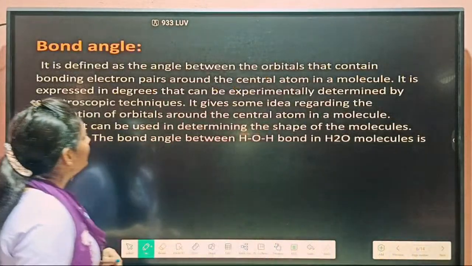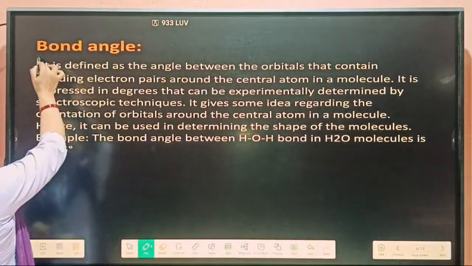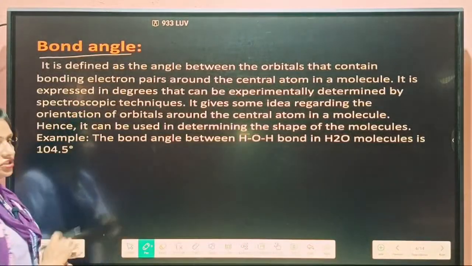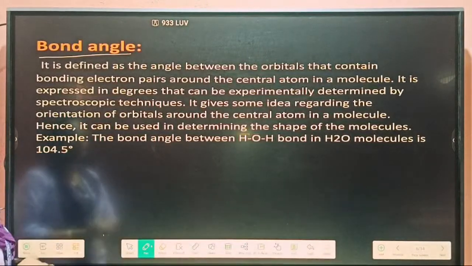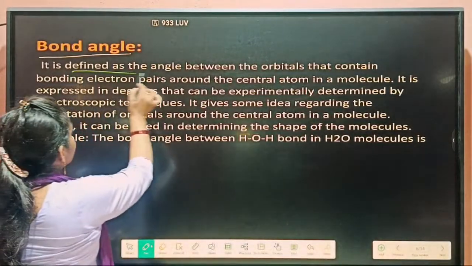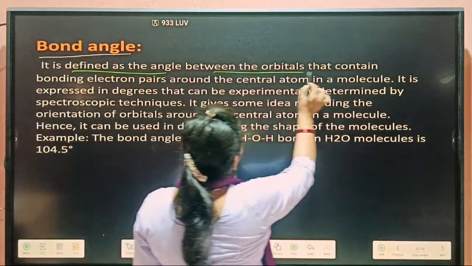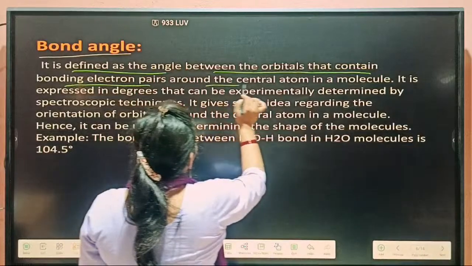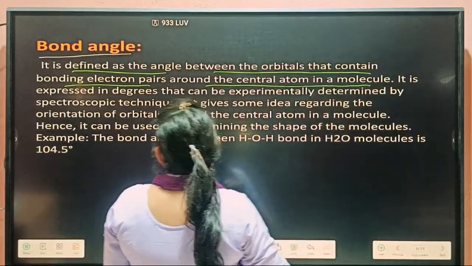Then students, our next bond parameter is bond angle. What is the bond angle? It is defined as the angle between the orbitals that contain bonding electron pairs around the central atom in a molecule.